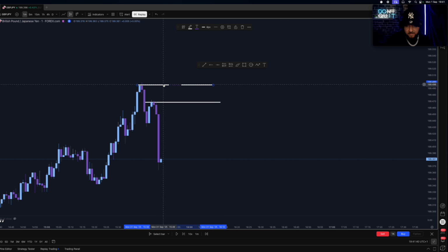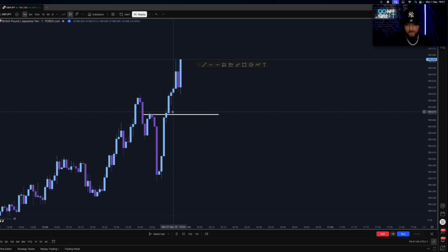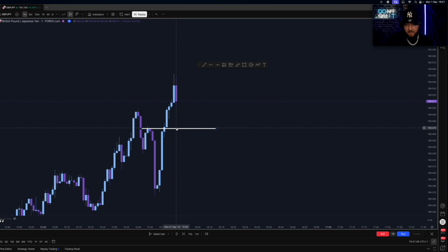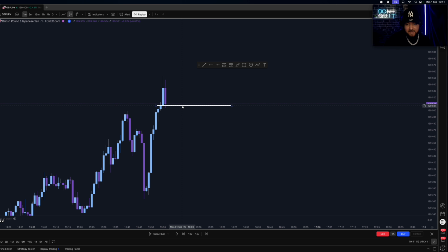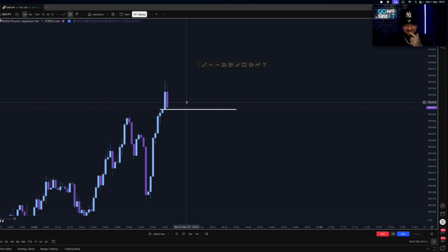It wouldn't be there. All right, so let's just see what happens. There we go. This is another interesting one. Could I put my breakout line there now? Technically, would I put my breakout line there? Put a number 1 if you would put a breakout line there, or put a number 2 if you wouldn't.